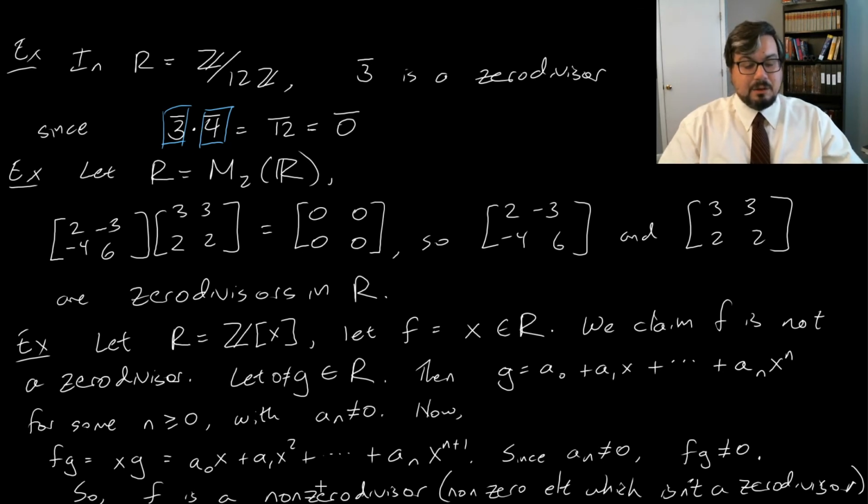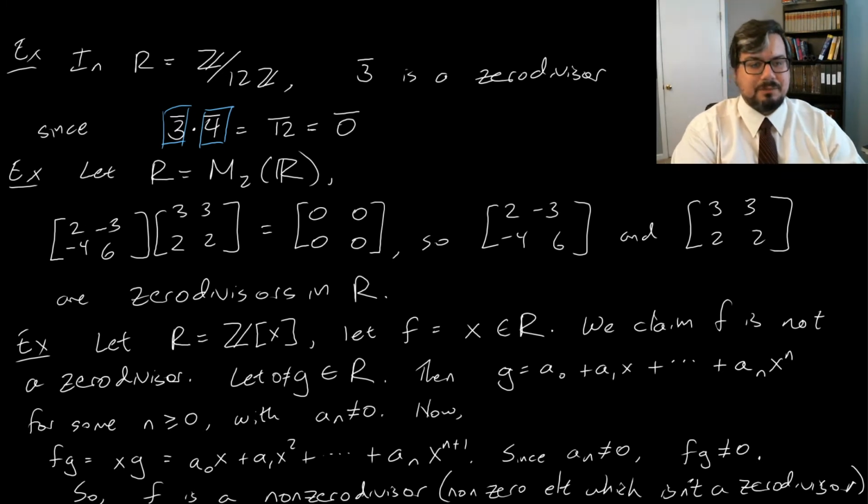So here we've shown that f is not a zero divisor, and it's also not 0, and so we call it a non-zero divisor. So a quick point of terminology here.